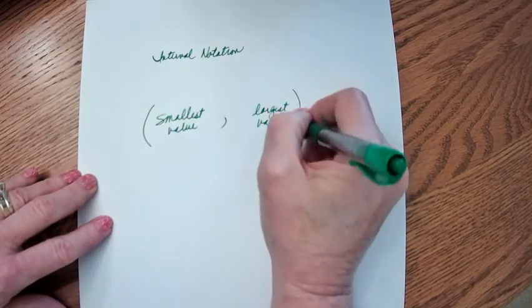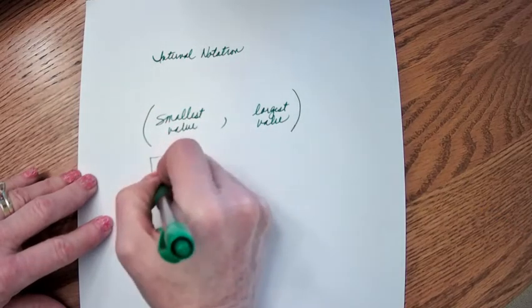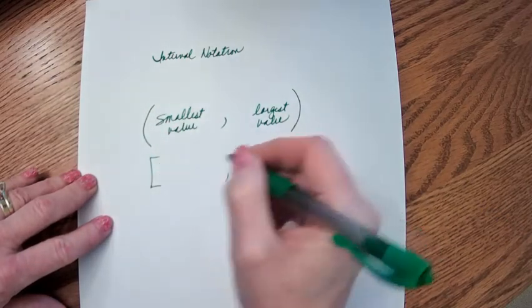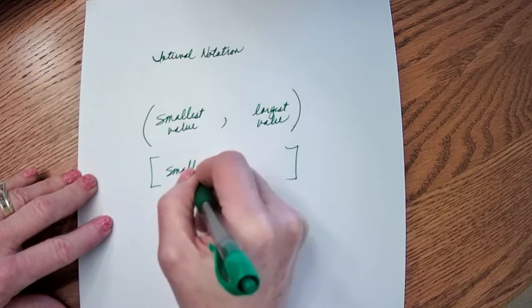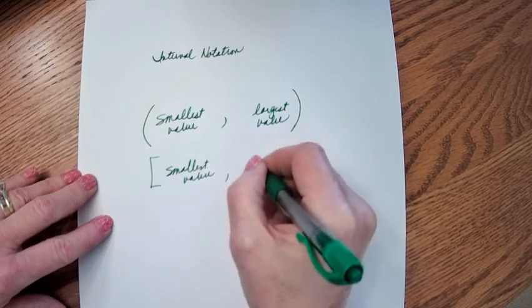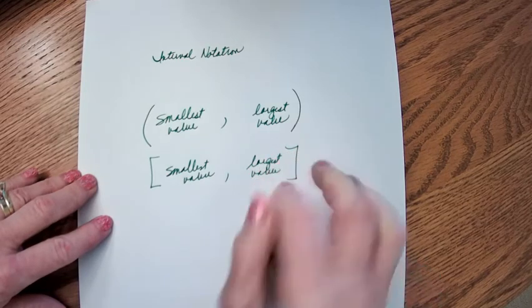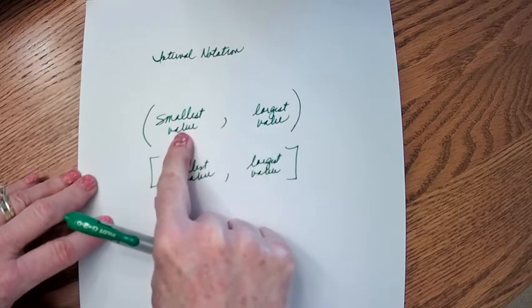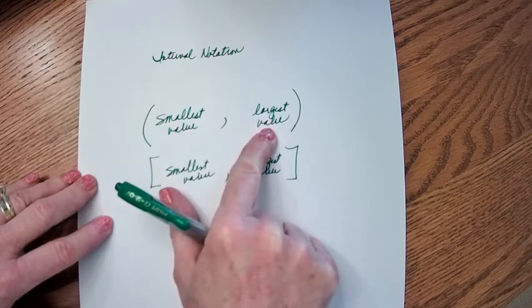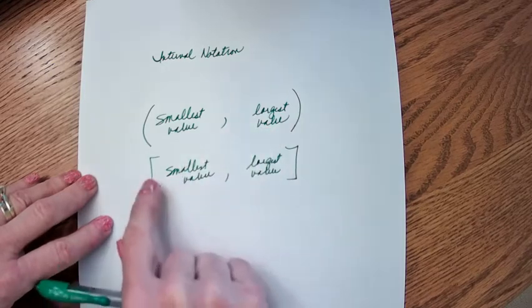There may be parens, or there may be square brackets. Your smallest value and your largest value. So, in other words, x can have any value greater than the smallest and less than the largest.